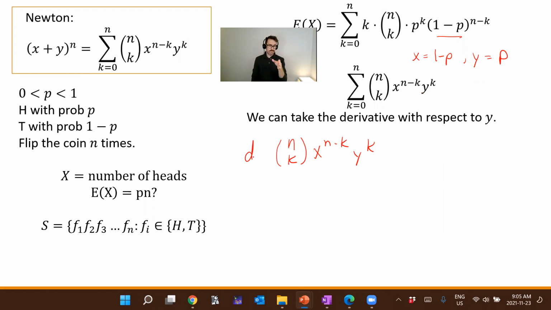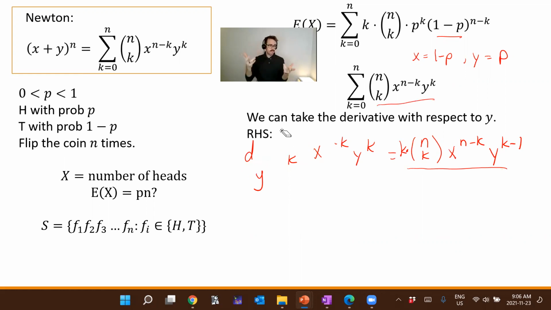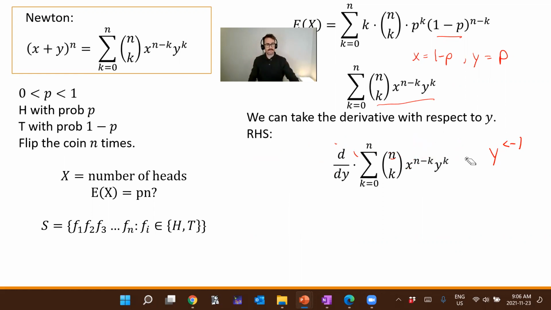If we take the derivative with respect to y, this k comes down, times x to the n minus k times y to the k minus 1. Right? And then if we do that over all of these individual terms, then we can just rewrite our summation with this instead of this. So the right-hand side is looking like this.